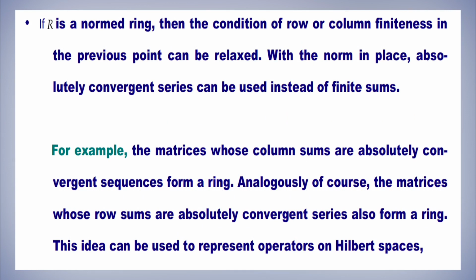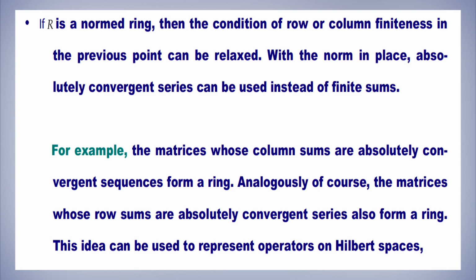If R is a normed ring, then the condition of row or column finiteness in the previous point can be relaxed. With the norm in place, absolutely convergent series can be used instead of finite sums. For example, the matrices whose column sums are absolutely convergent sequences form a ring.